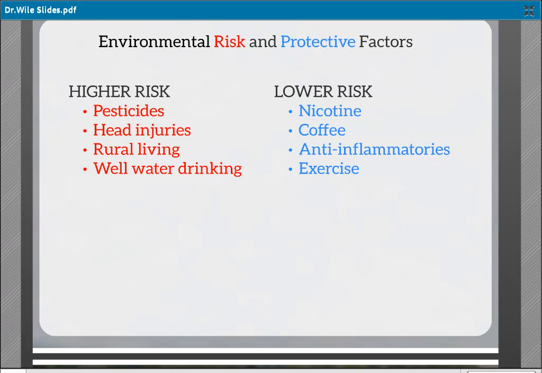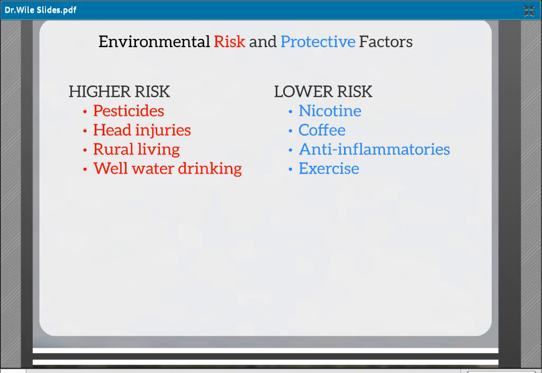What type of anti-inflammatories may lower the risk of Parkinson's disease? Would an anti-inflammatory diet help? The types of anti-inflammatories that were looked at to come up with this as a protective factor are from databases of tens of thousands of people, and indications of what types of medications they've taken.